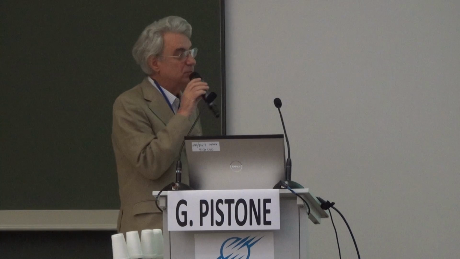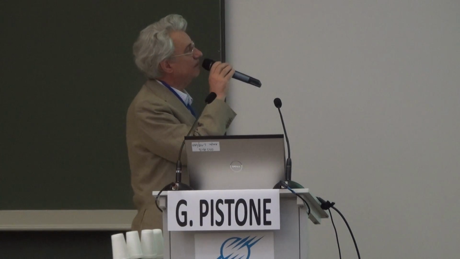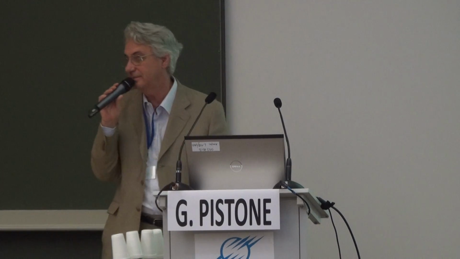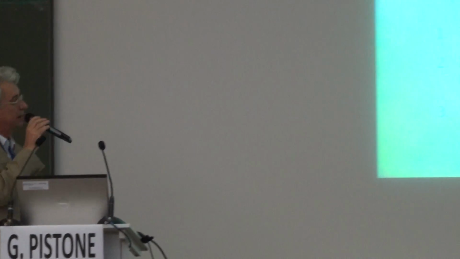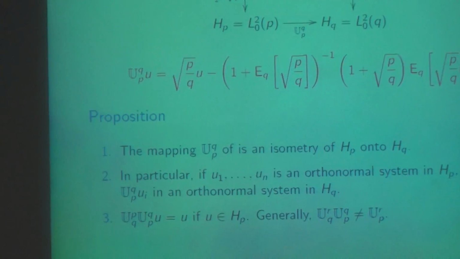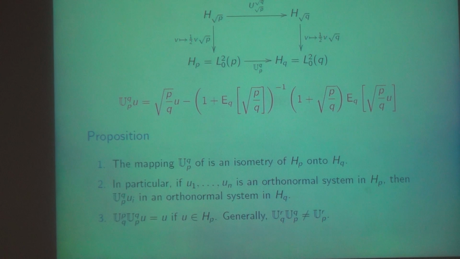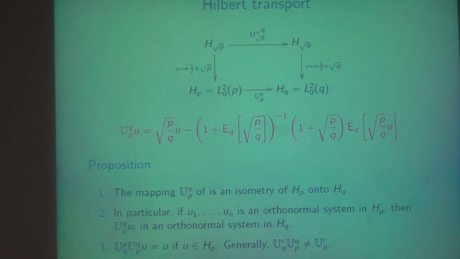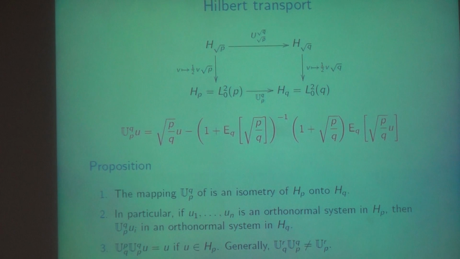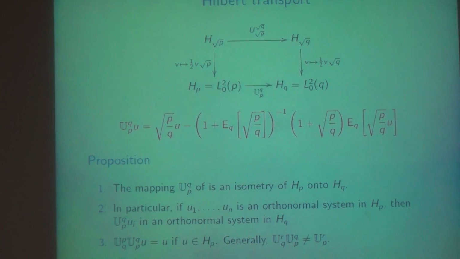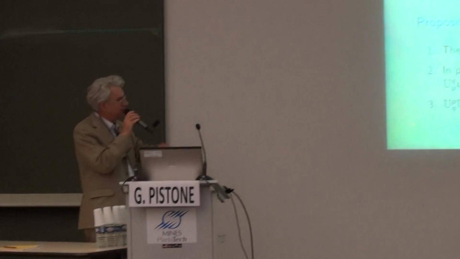Then we can move this back to our structure, and we get this formula. So this formula is an isometry from H_P to H_Q, H_P being the Hilbert space of centered square integrable random variables at P. In particular, maybe this is an interesting application: if U1, ..., UN is an orthonormal system, we can transport it into an orthonormal system in another space by applying this operator.